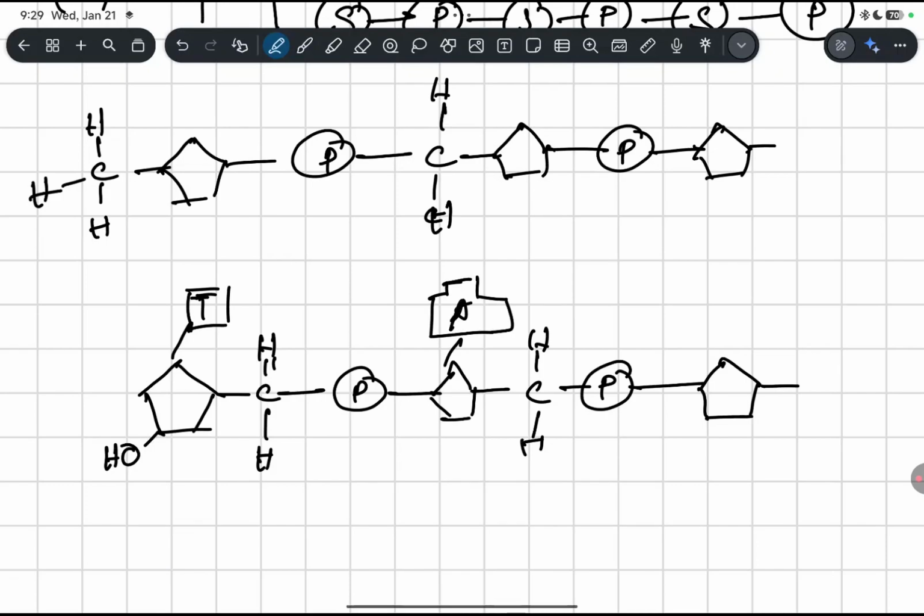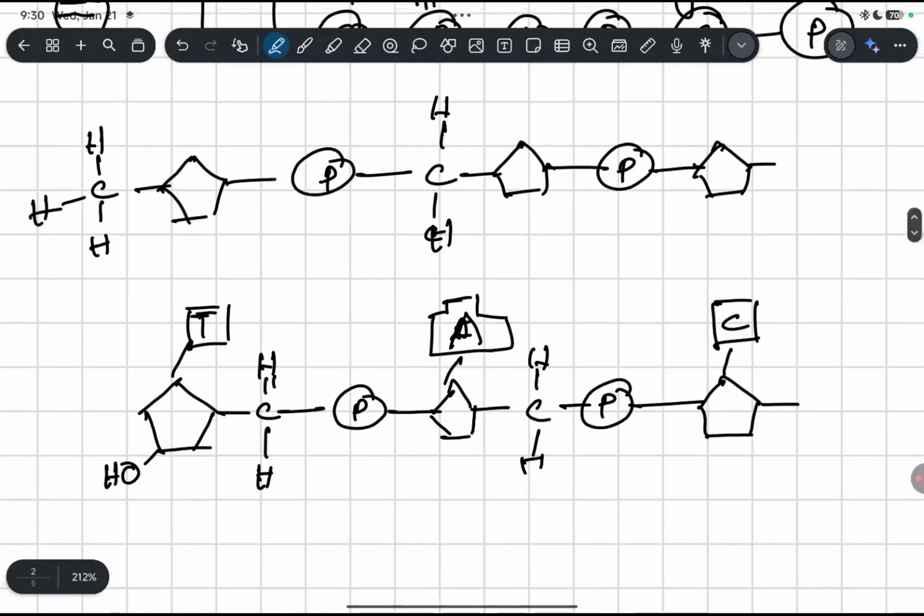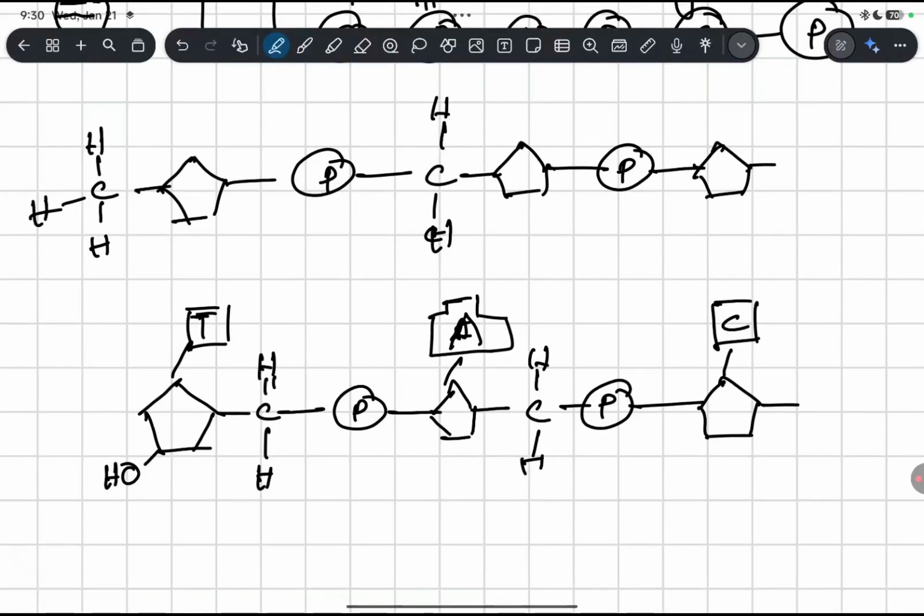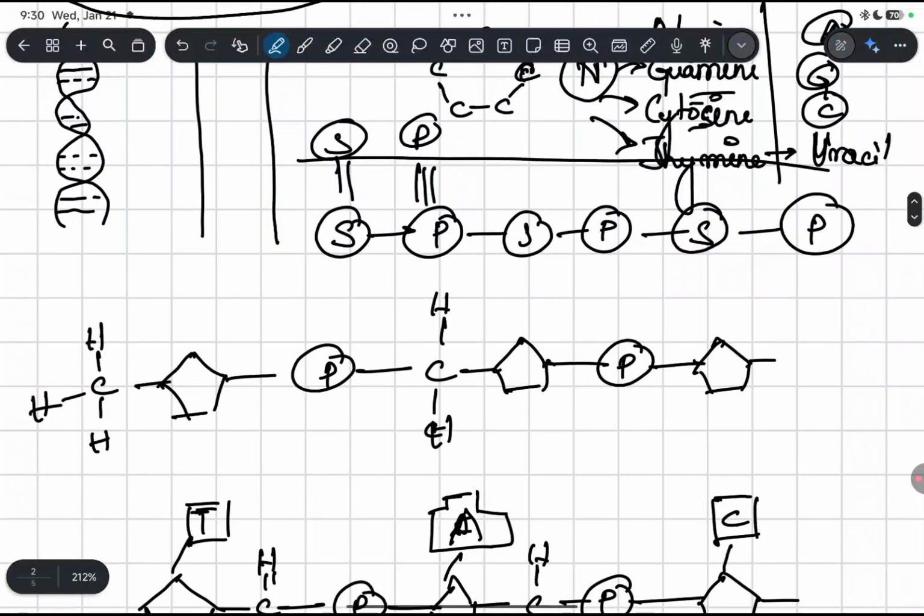So why I'm drawing this structure, I'll explain it. So here we have, suppose, cytosine, right? In front of thymine we'll always have adenine, right? Adenine and thymine will always face each other, and cytosine and guanine will always face each other.